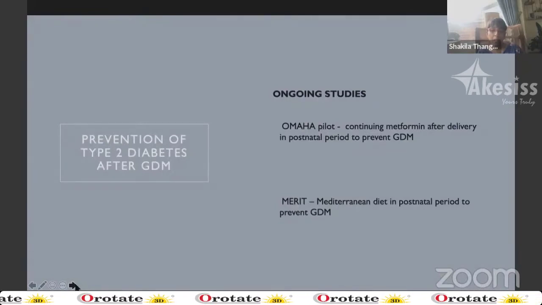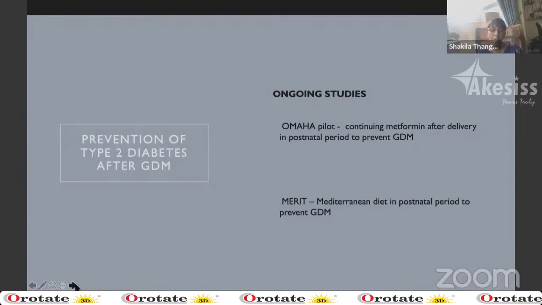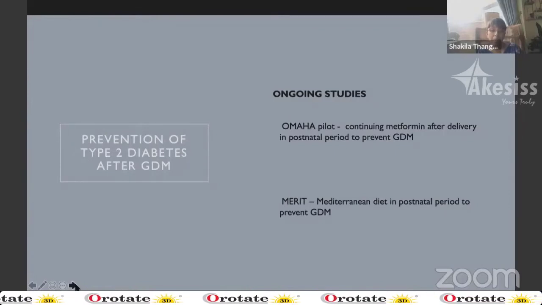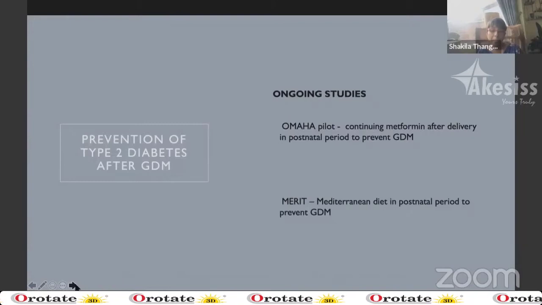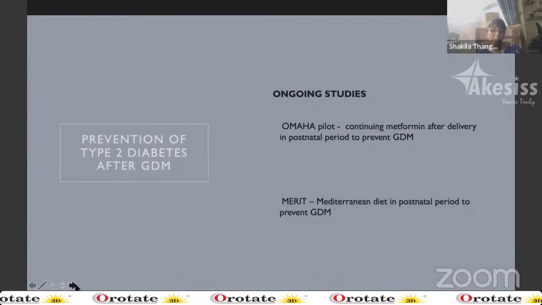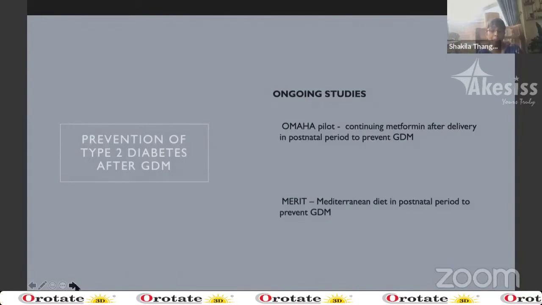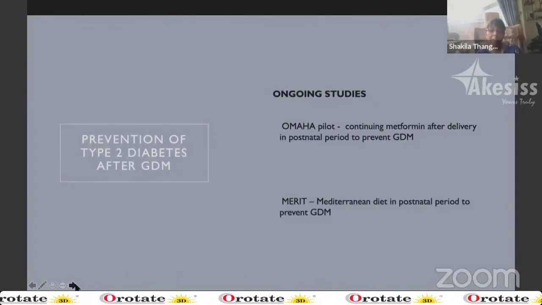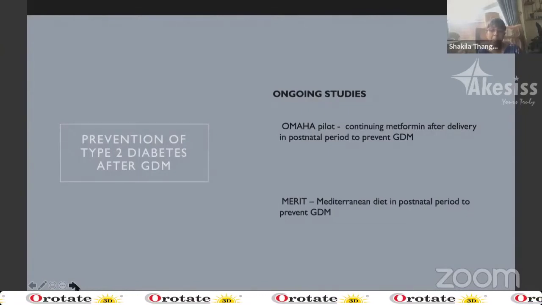And what we currently are doing is 2 pilot studies on methods to prevent progression to type 2 diabetes. Until now, nobody has looked at the immediate postnatal population. People have looked at interventions long time after delivery, but what can we do in the first year after delivery that can prevent their risk of developing type 2 diabetes?